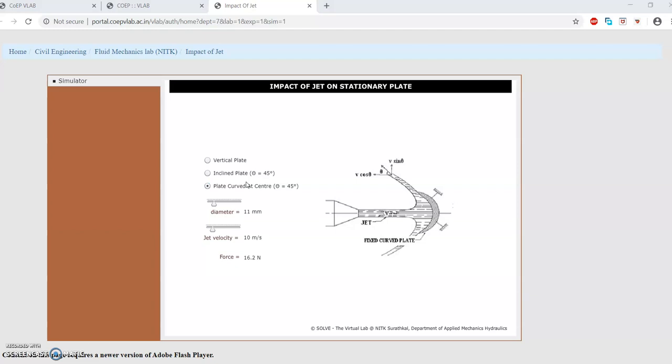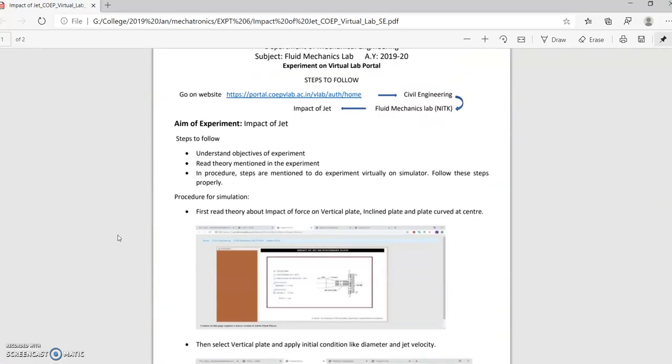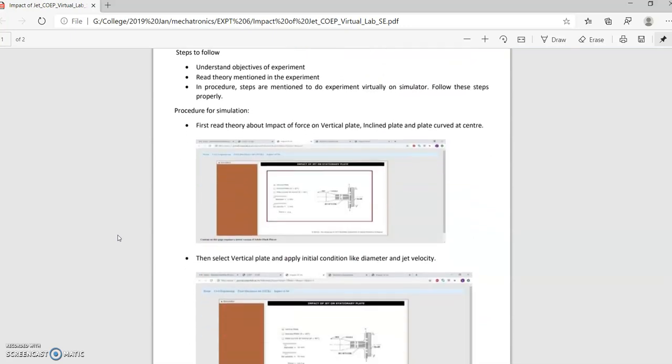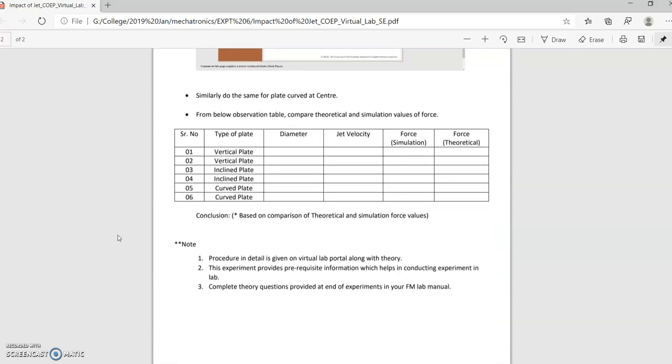Now let's see how you can make a practical document from it. Earlier I had shared one PDF file where the information about this practical was given, right? So just refer to that page, and at the last this table is mentioned. Look at this observation table here. You can see that we have to take 6 readings here, 2 for each type: vertical, inclined and curved plate, and you can change the diameter and jet velocity here, right?